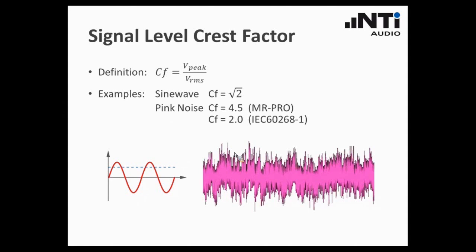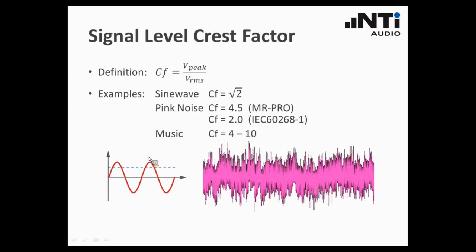And by cutting off the peaks, you miss, of course, certain signal components. When you look at the spectrum, at the frequency response of your pink noise, you will see a major difference between this signal here and the very flat and nice MR-PRO pink noise signal. So it's always a compromise if you amend the crest factor intentionally by cutting off peaks in the signal.